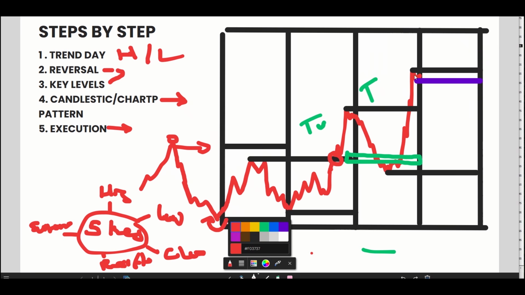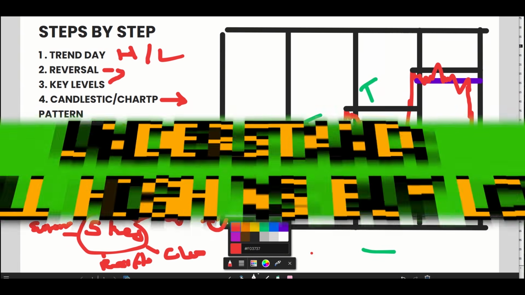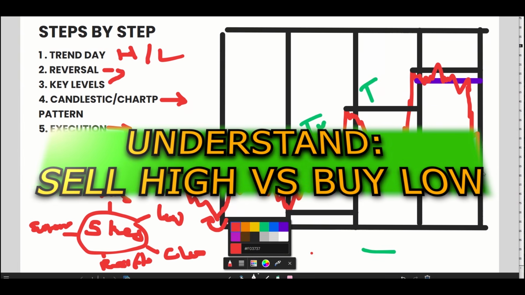But look at this now. Say for instance, we are expecting them to come back down, but all of a sudden, they start doing something like this, then they give us something like this. This is a change of events. The entire dynamics have changed. Why? Because we were expecting them to drop prices so that we can buy low. Remember, buy low, sell high. But if they give us something like this, it could be building up a sell high opportunity.